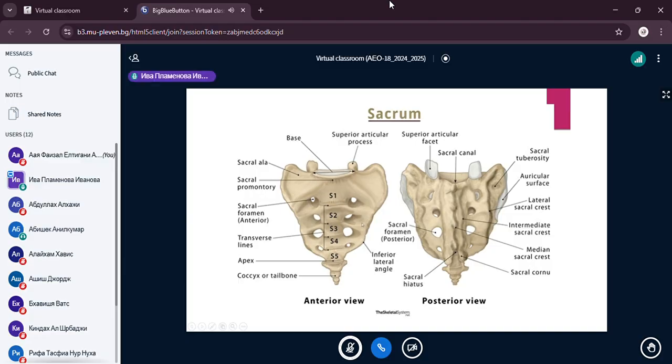On the anterior surface, you can see the transverse lines between the bodies of the vertebrae here from S1 to S5. Also, you should know these openings, sacral foramina. These ones are anterior. Of course, the wings, ala ossis sacri, here and here.